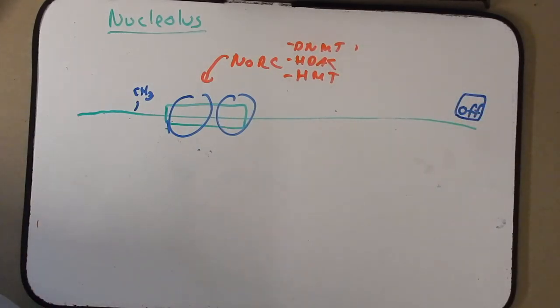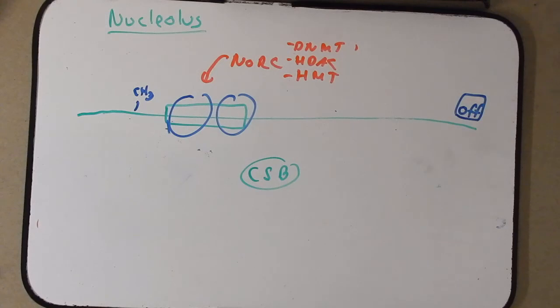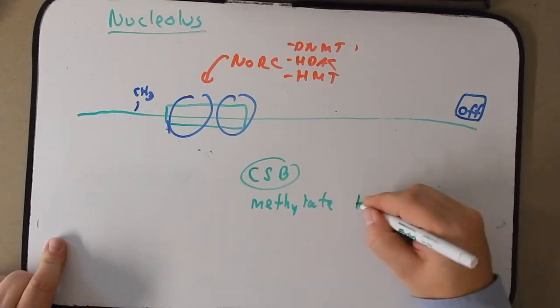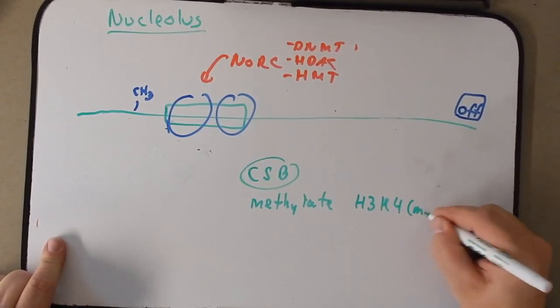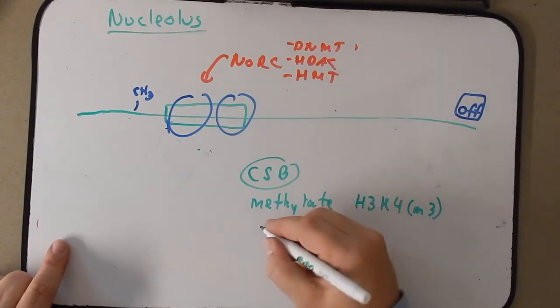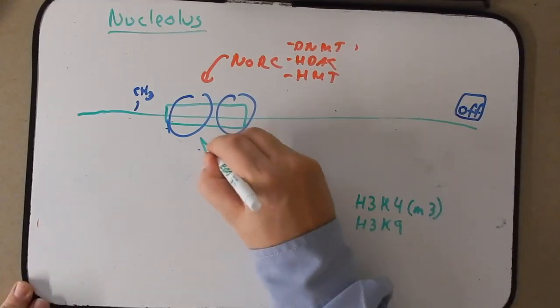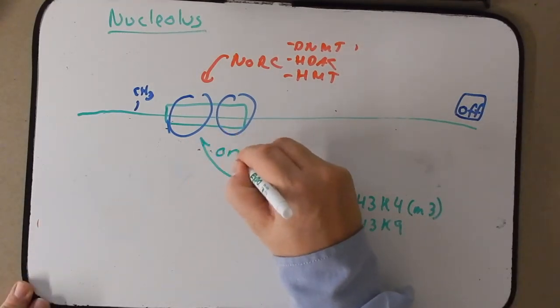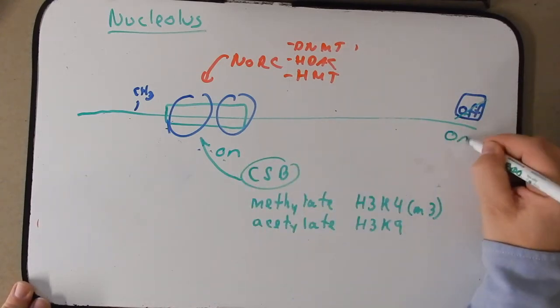Now, to make it active, what has to happen is this protein complex called CSB comes along, and CSB will do a few things. It will methylate H3K4, and it'll add 3 methyl groups to it, which remember is the active state. And it will acetylate H3K9, so that will come along here to cause the gene within this region to be activated, or make it on.